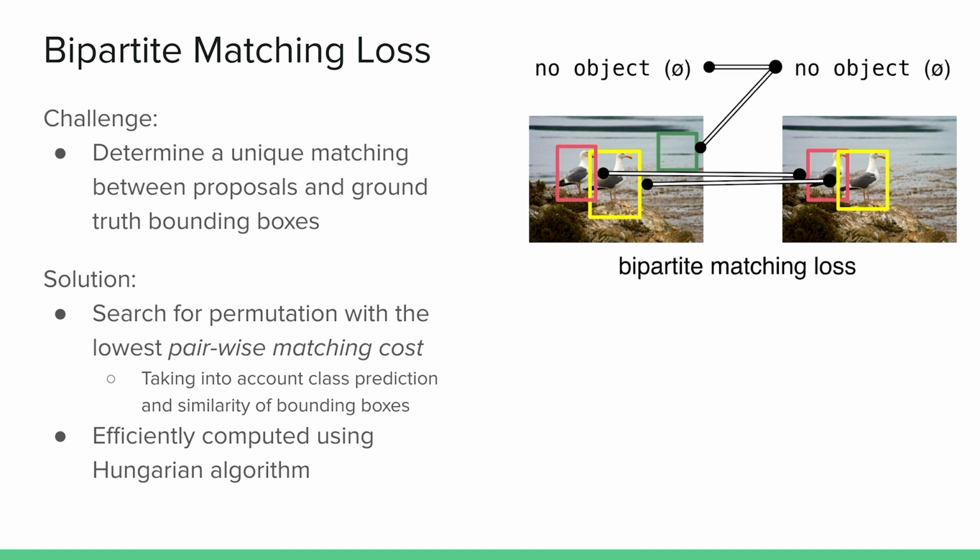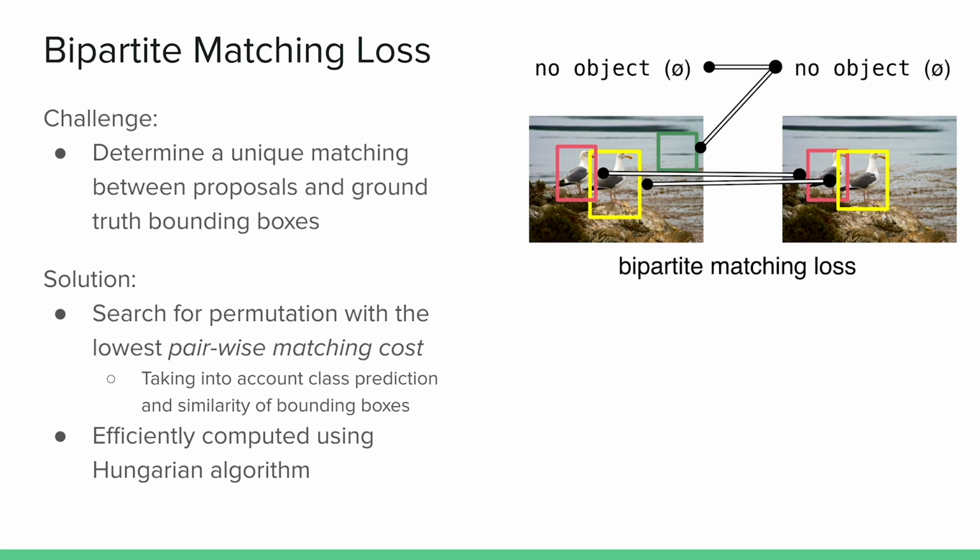So we have two sets, and we're trying to find the permutation of these elements that has the lowest cost. They take into account both the class prediction, as well as the similarity of the bounding box. And they can actually compute this efficiently by using the Hungarian algorithm, which is a combinatorial optimization algorithm that solves the assignment problem in polynomial time.